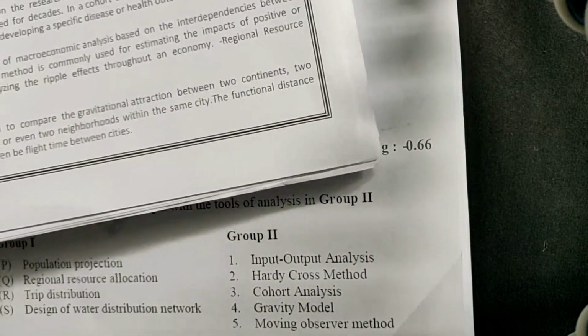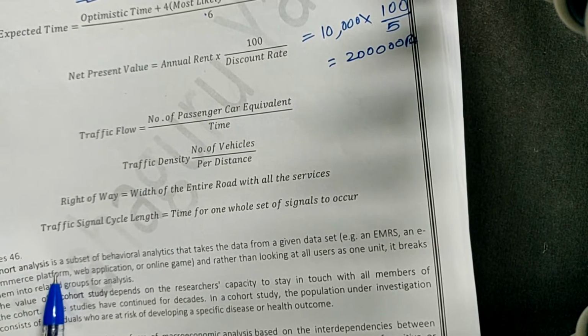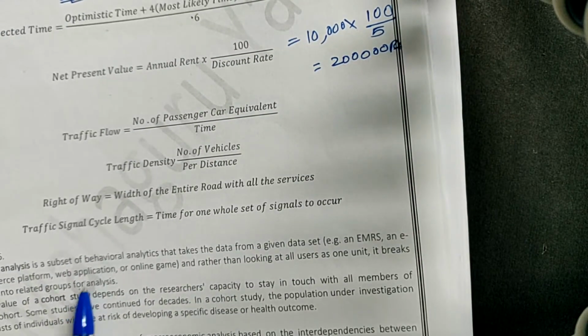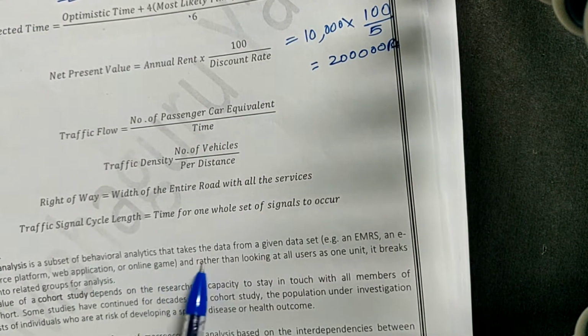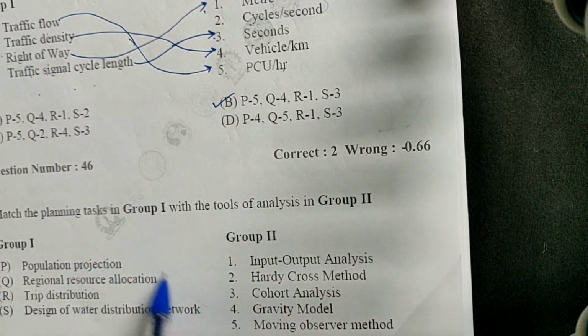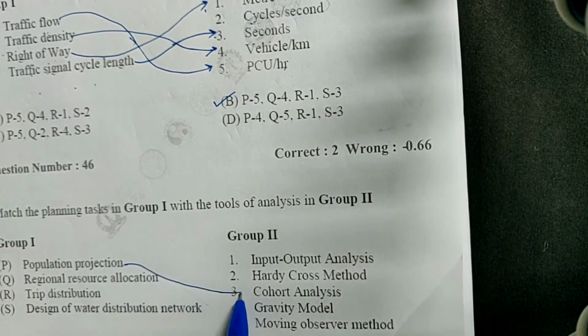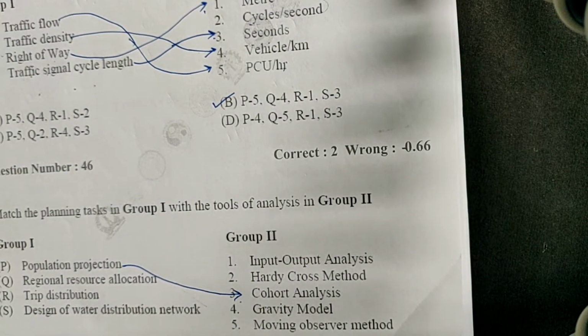So there is a cohort analysis. Cohort analysis basically studies the behavioral analytics of some area. What analytics it can refer to is population projection. It is a kind of behavioral change for an area.